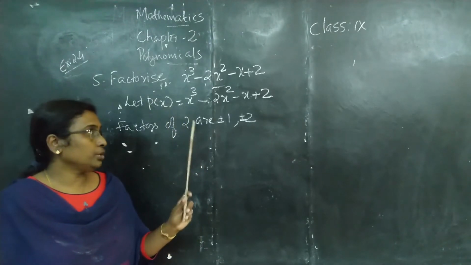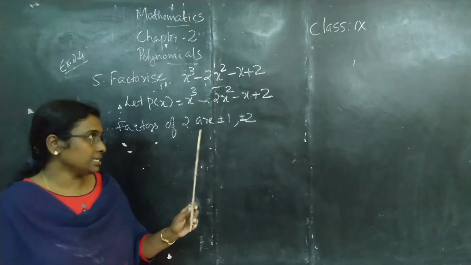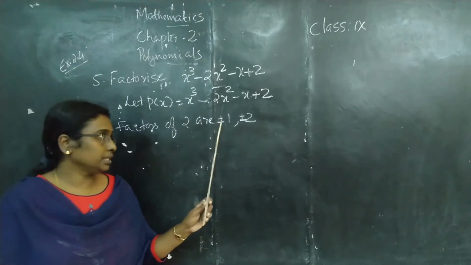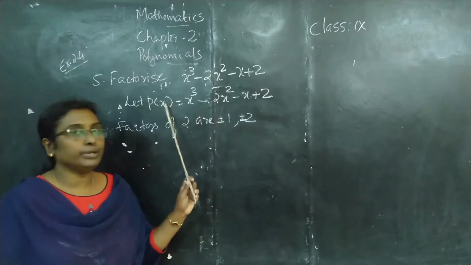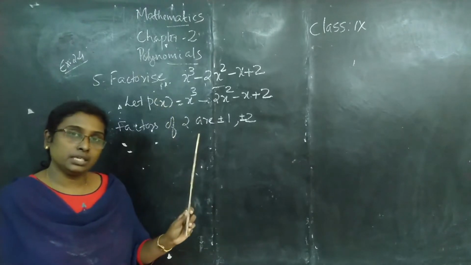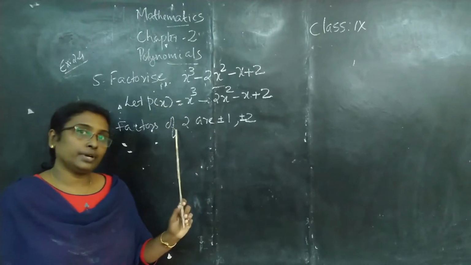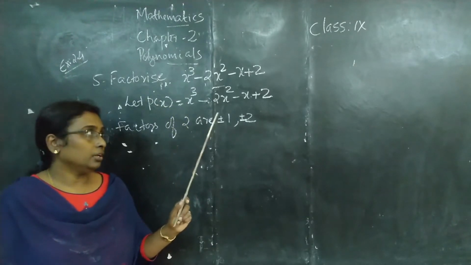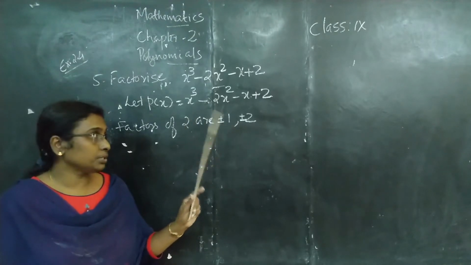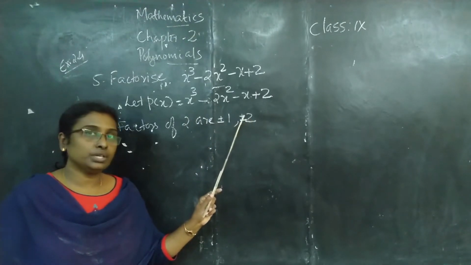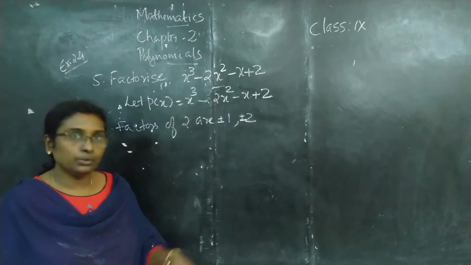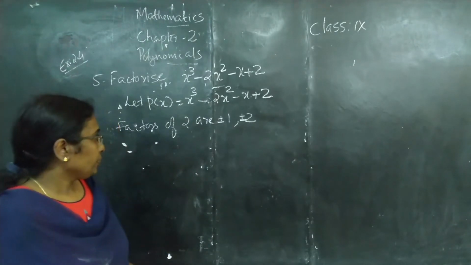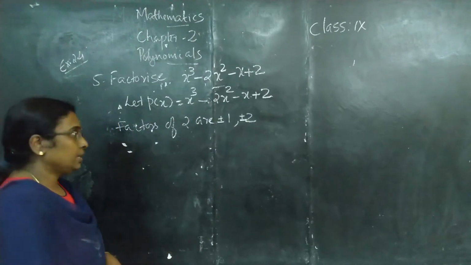If p of 1 is not equal to 0, then substitute the next value, minus 1, in p of x. If it is 0, we can find one factor. If it is not 0, then substitute the next value, plus 2. Okay, continue like this. Here we substitute plus 1.